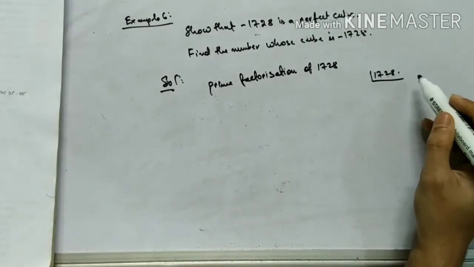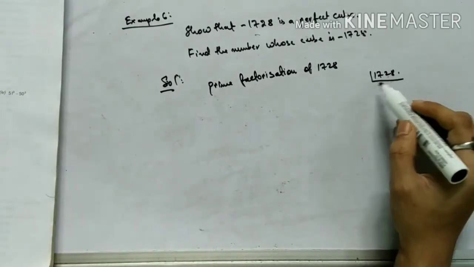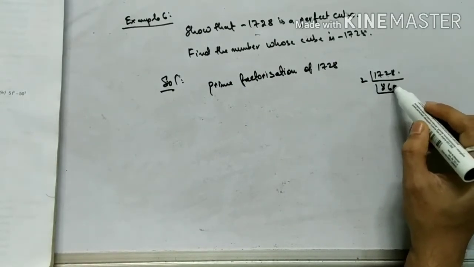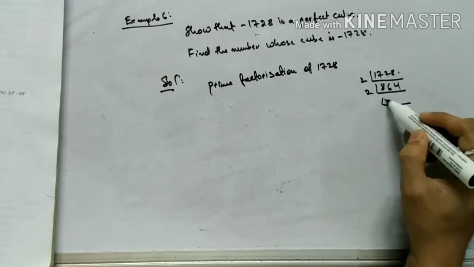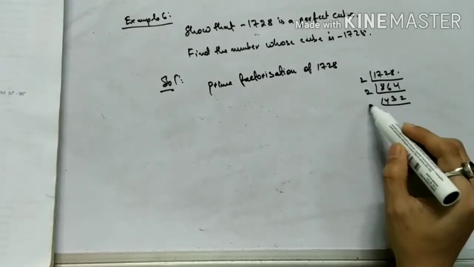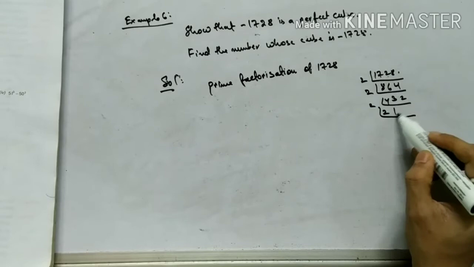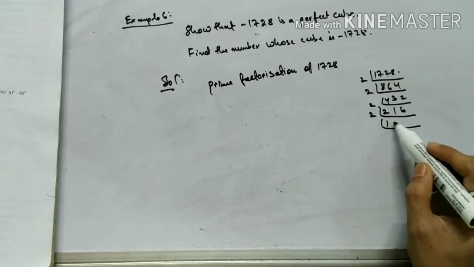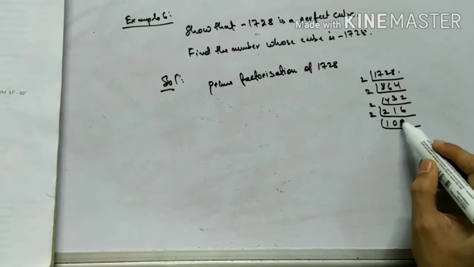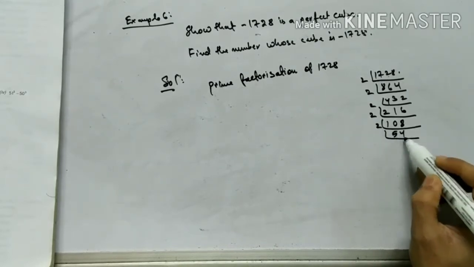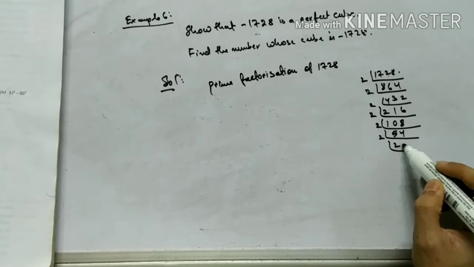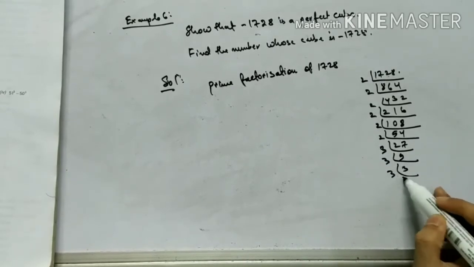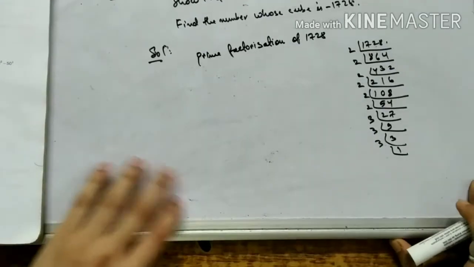So prime factorization of 1728, in here I got, you see, 2 8 is 16, 2 6 is 12, 2 4 is 8, 2 2 4 is 8, 2 3 is 6, 2 2 is 4, 2 2 is 4, 2 1 is 2, 2 6 is 12, 2 2 1 is 2, 2 0 is 0, 2 8 is 16, 2 54, 2 2 is 4, 2 7 is 14, 3 9 is 3, 3 is 3, 1 is finished.